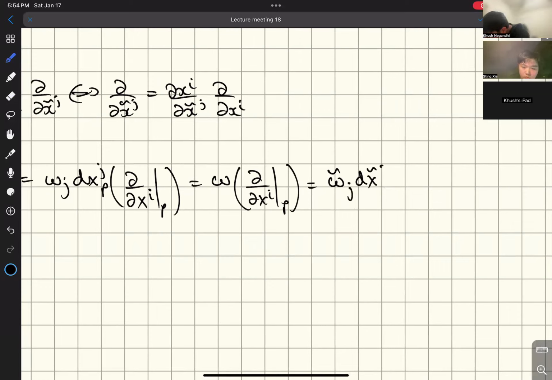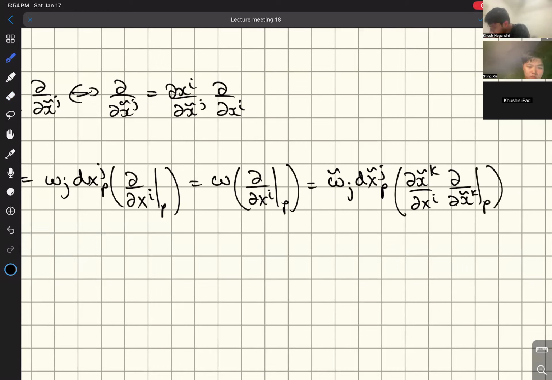Sorry, j at p of partial x tilde i partial x i, partial x tilde, that should be a k, at the point p. And then this thing is just constant.